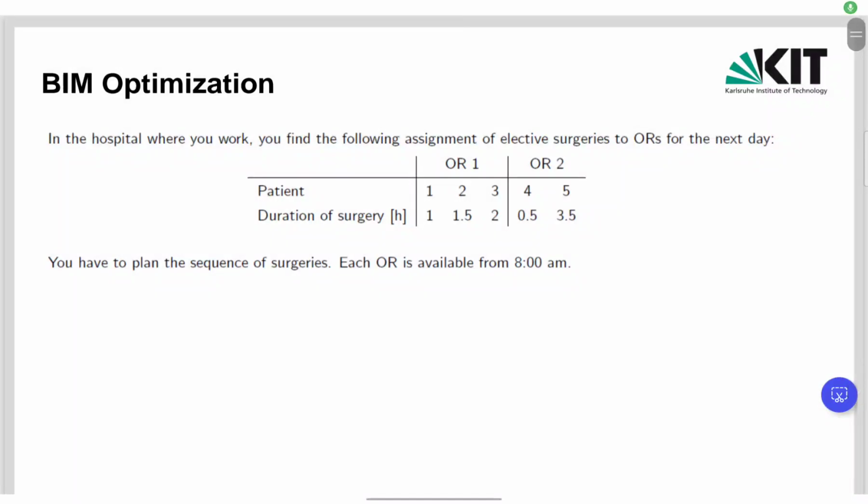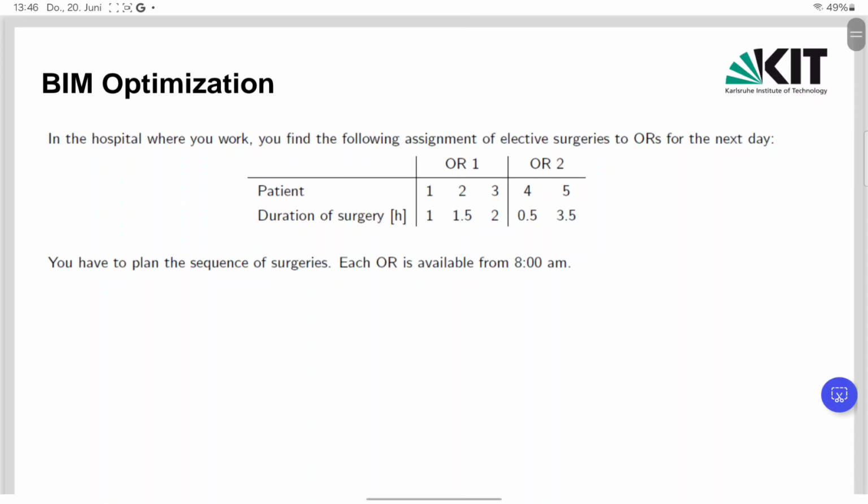Hi everyone and welcome to the next exercise, this time on break-in moment optimization, where you already have assigned patients to rooms and maybe days, but not the actual schedule. So your task is now to schedule 5 patients to operating rooms 1 and 2, given the duration of the surgeries.